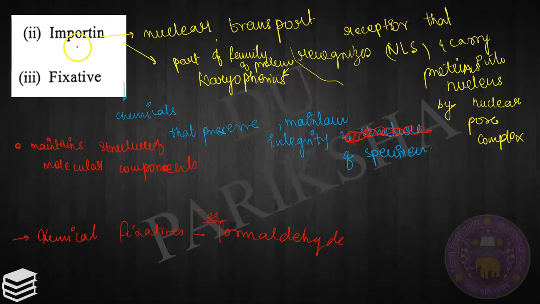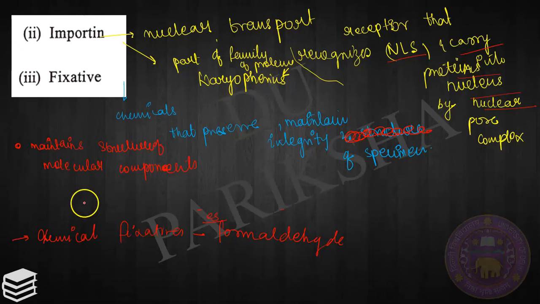Second is importin. Importins are the nuclear transport receptors that recognize nuclear localization signals, also known as NLS, that carry proteins into the nucleus through the nuclear pore complex. It belongs to the family of proteins involved in the transport of molecules or proteins into the nucleus, known as karyopherins.